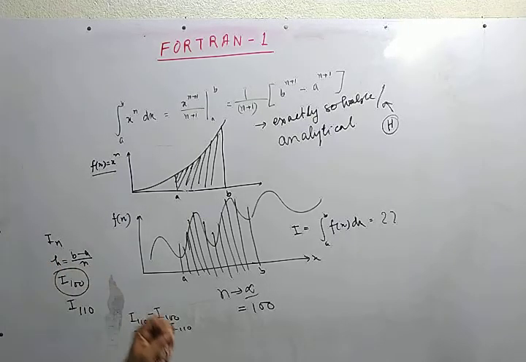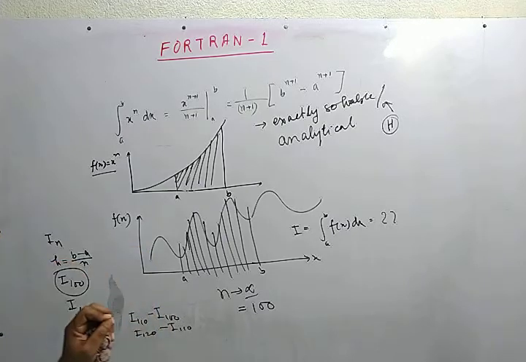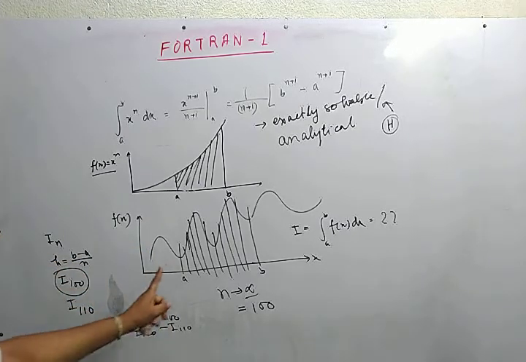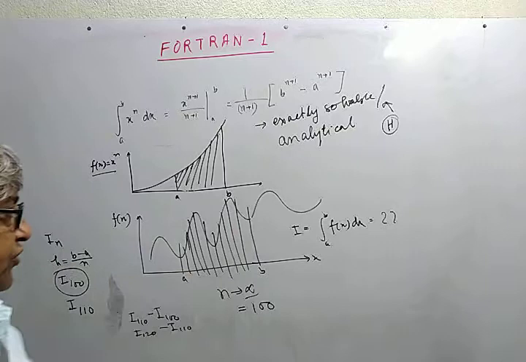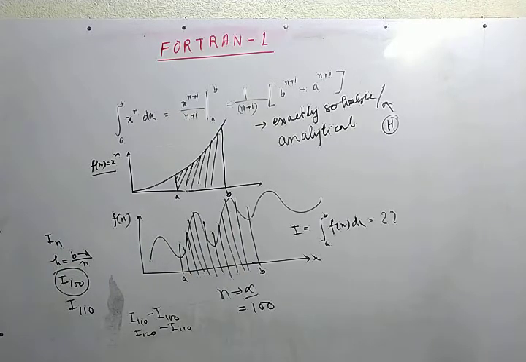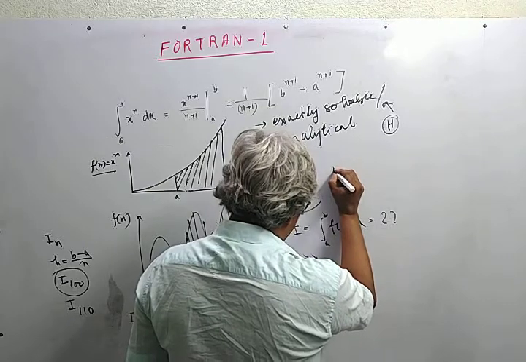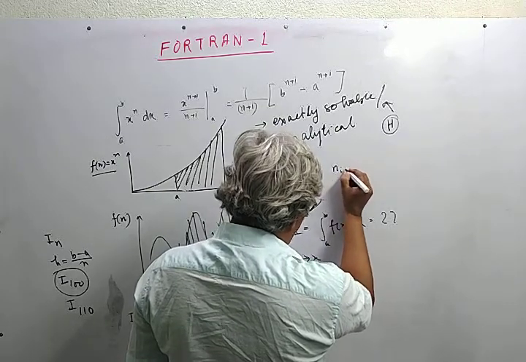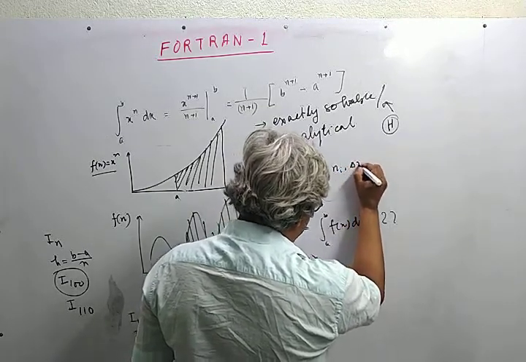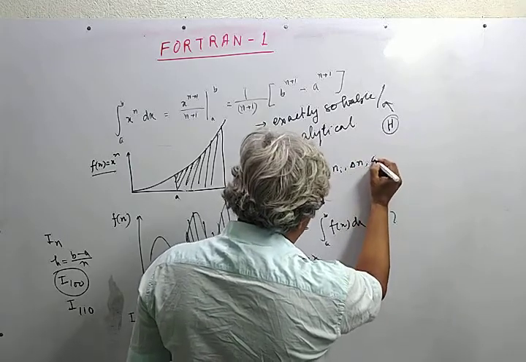So we need to feed the instruction to a computer so that it will evaluate the integration for a given end, and we will provide the value of n from outside, the accuracy level and the steps of n. That is to say, we will tell the computer the initial value of n, the change in n, delta n, and the accuracy level.